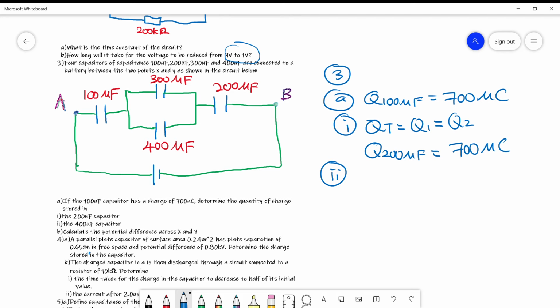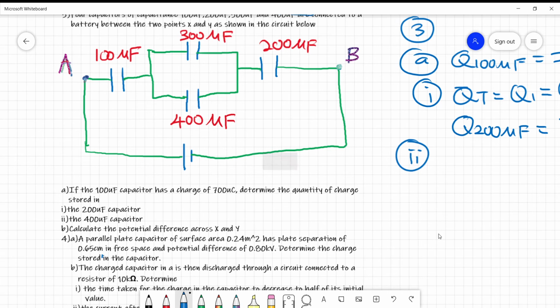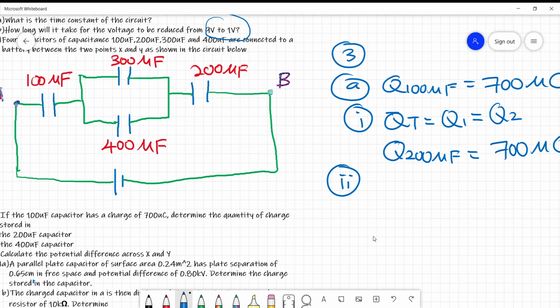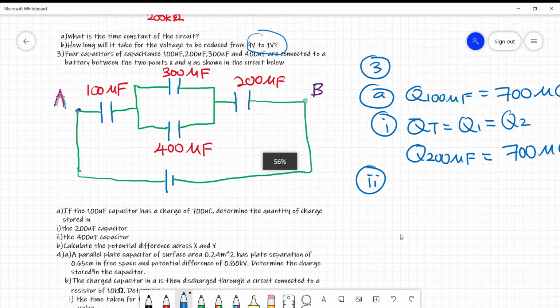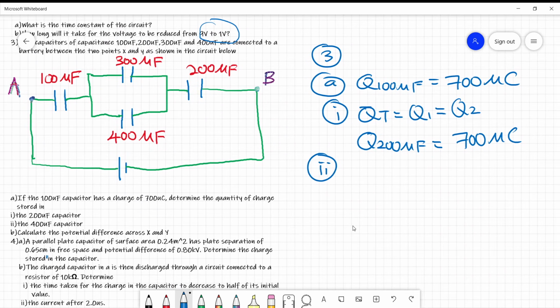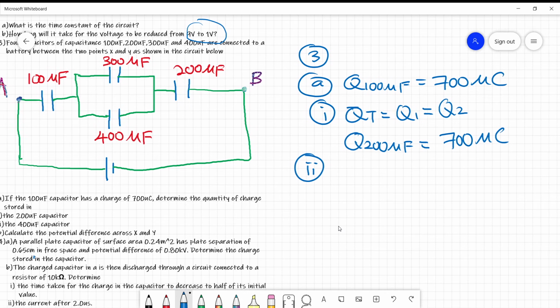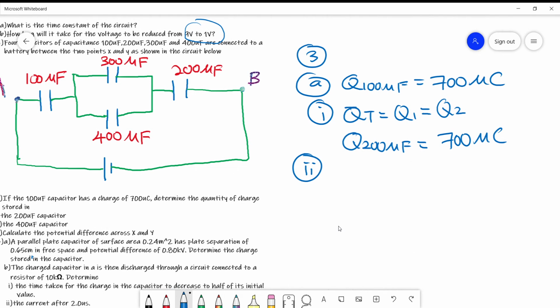Next, determine the quantity of charge stored in the 400 microfarad capacitor. Let me just zoom in for a bit. Let me observe for a while. Based on the formula, Q equals CV.